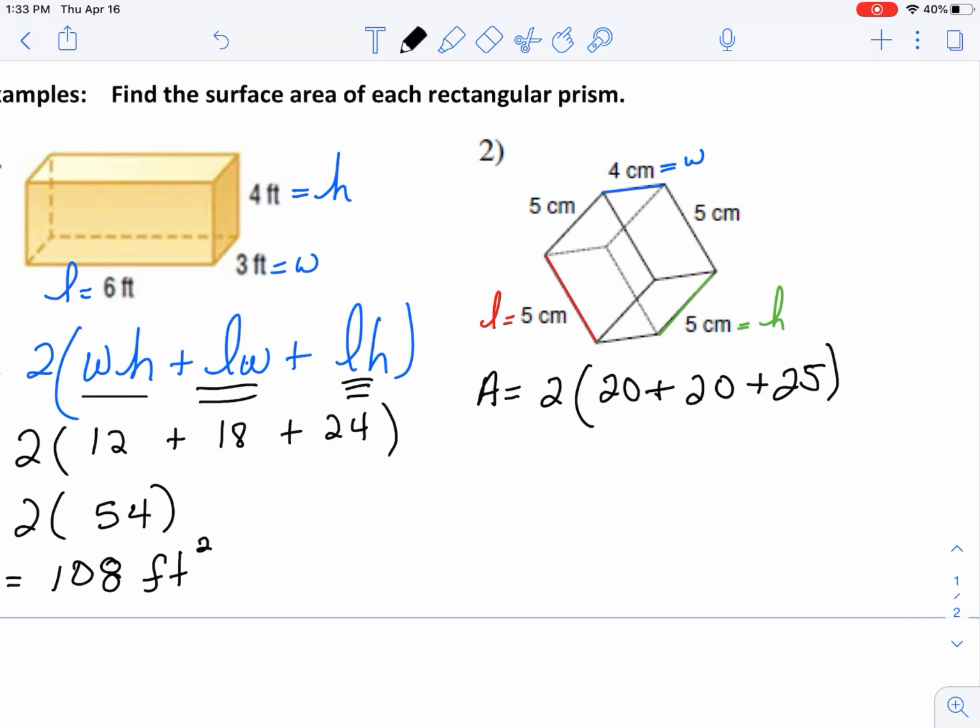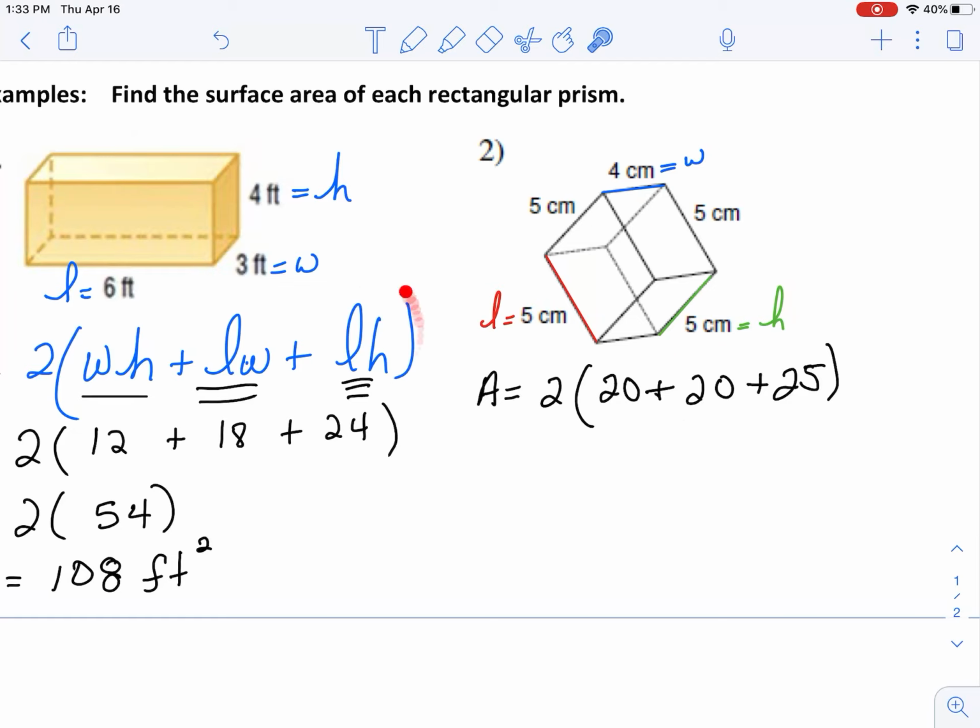All right, so with that, let's go over this one more time. Width times height. Your width is 4 times your height. 4 times 5 is 20. Length times width was the same. Length of 5 times the width, 5 times 4 is 20.